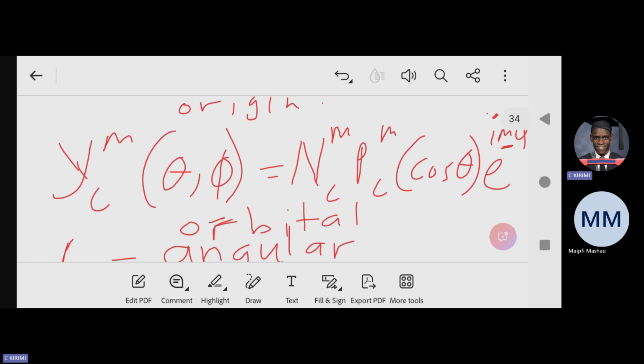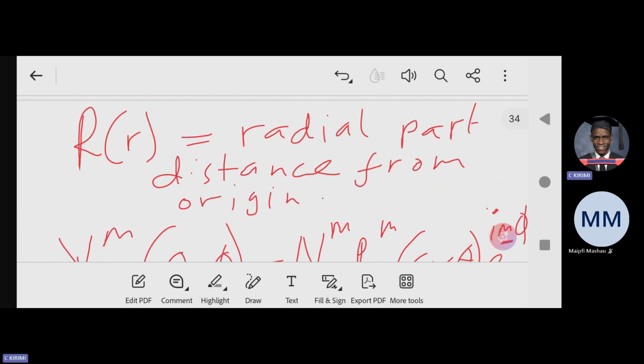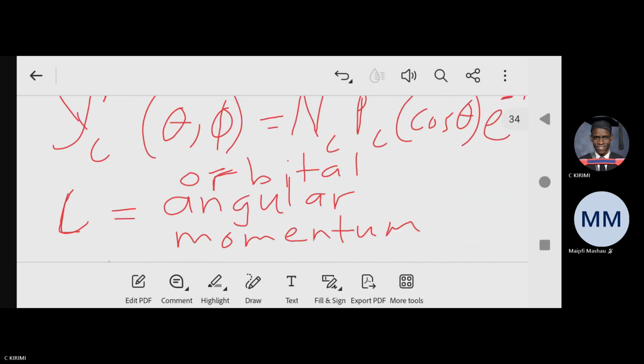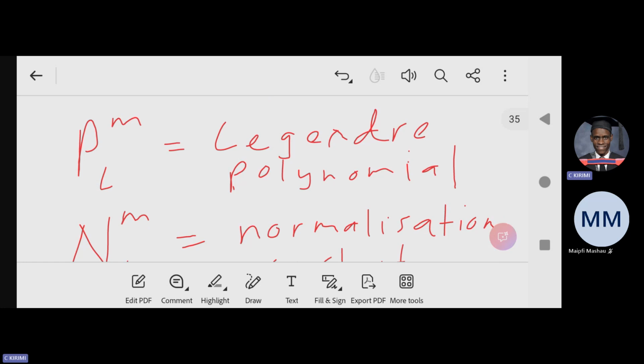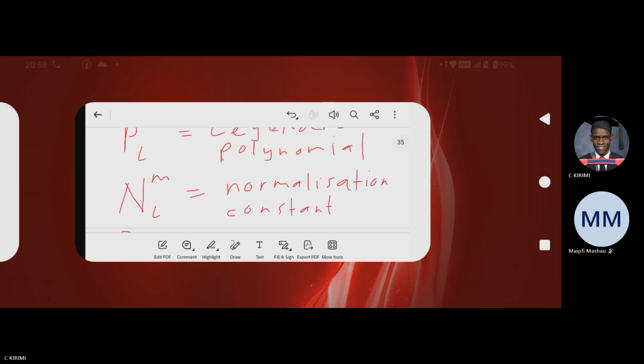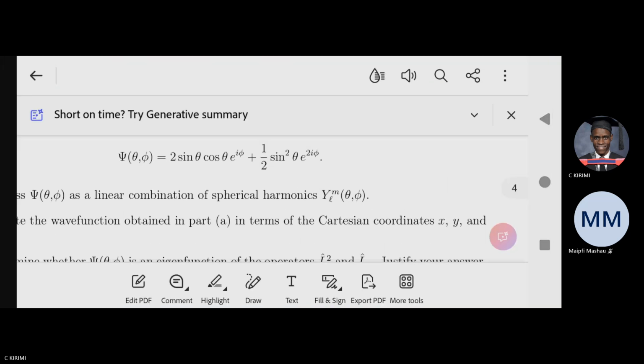And L is what you need to know, which means the polynomial and the normalization constant, for M and L. If you check the Legendre polynomial and the normalization constant from the equation.